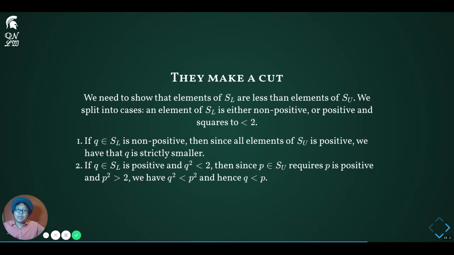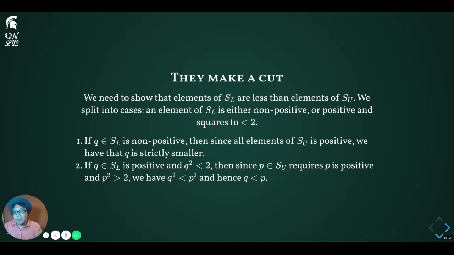To show that SU and SL make a cut, we need to show that elements of SL are always below the elements of SU. We argue by cases, since an element of SL is either non-positive or positive and squares to less than 2. In the first case, as all elements of SU are positive, we see that the q from SL must be below any element from SU.